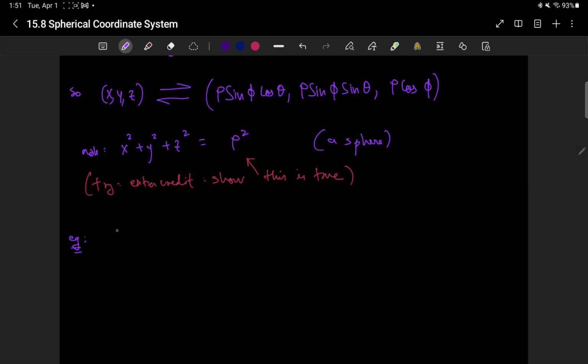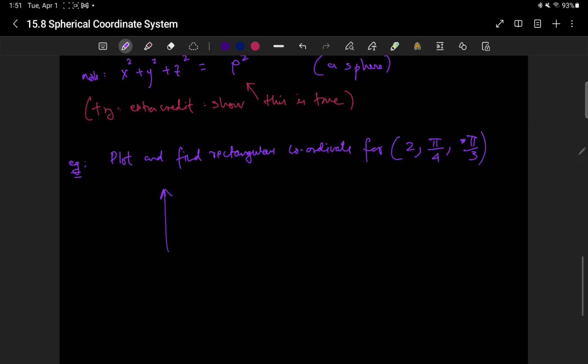One of them will be: plot and find the rectangular coordinate for a point given by 2, pi over 4, and pi over 3. So first of all, let's try to locate this. With the information given to us, it's at a distance of 2 from the origin.